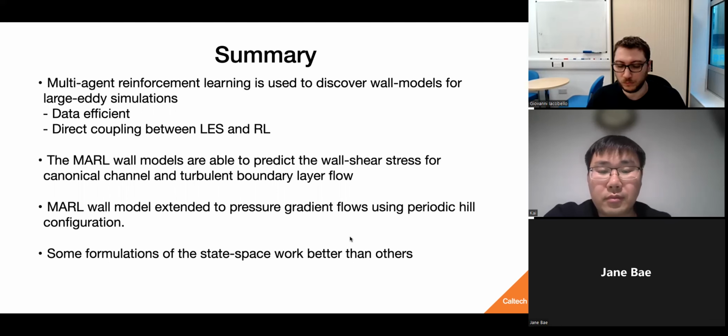So just out of curiosity, was any body-fitted grid or any kind of near-wall adaptive grid or localized refinement near the wall used in this case?